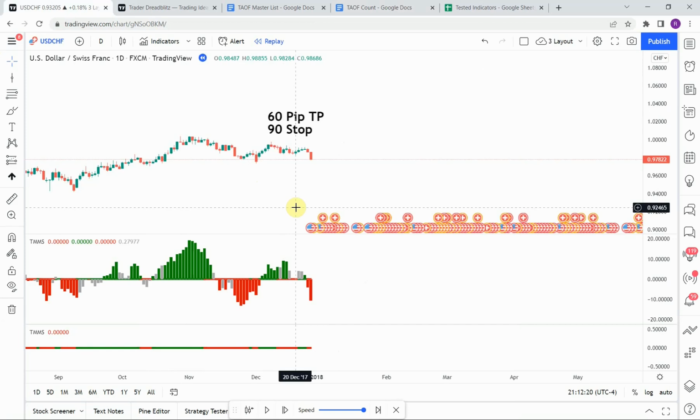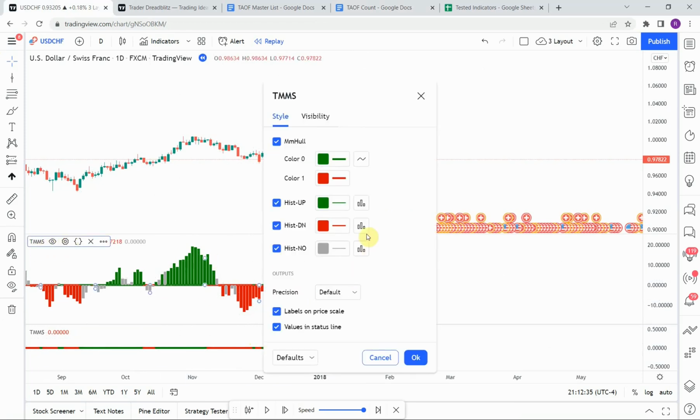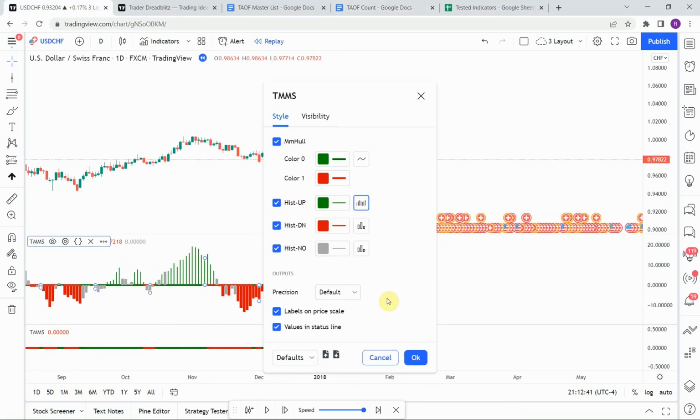Alright, so today's indicator is the TMMS Oscillator. You can see it here on the bottom of the screen. I actually have two of them. I have one here and then one down here, but they've both been slightly modified. On this first one, I went in and took these from a histogram and turned them into columns.